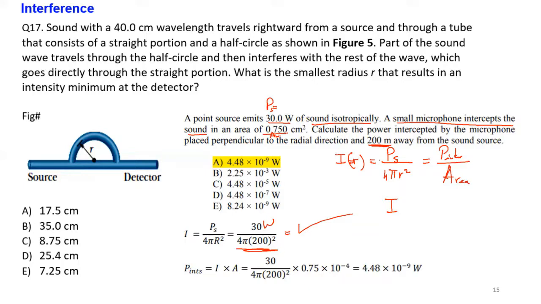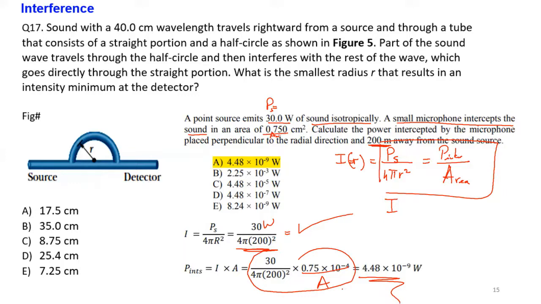Okay, so this is what I have to use. So power intercepted will be area, and the area is given, times PS divided by 4 pi r squared. Okay? So this is the power that I intercept.